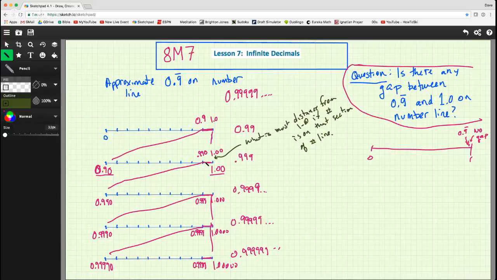So if we're here, any number here, this is the furthest number. 0.990 on this bar here is the furthest number from 1.0, and it's only 0.01 away from 1.00, right?